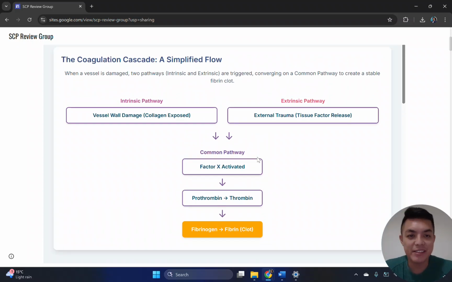So we'll go back to this later, but I want a major takeaway for intrinsic and extrinsic. It will go to a common pathway, which will activate factor 10, which will then convert prothrombin to thrombin and fibrinogen to fibrin, which will form the clot.